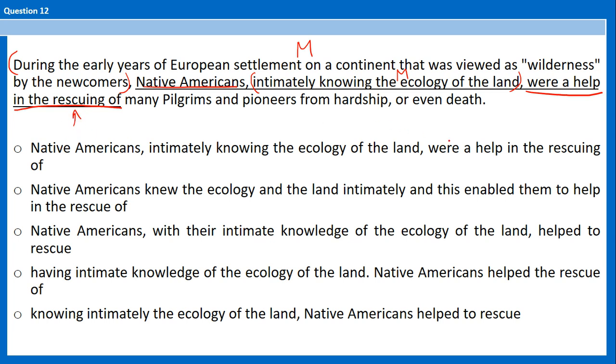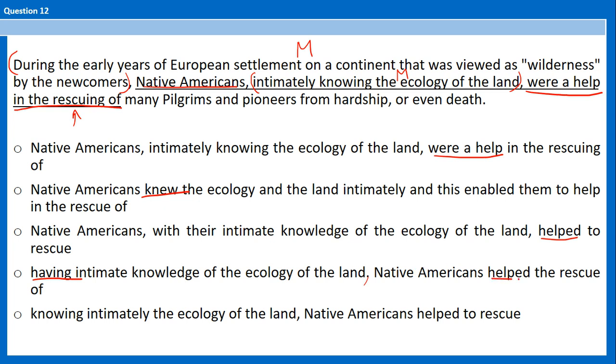And let's take a look at some differences. Were a help versus Native Americans knew. Then number 3 you have Native Americans helped. In number 4 you have Native Americans having intimate knowledge.